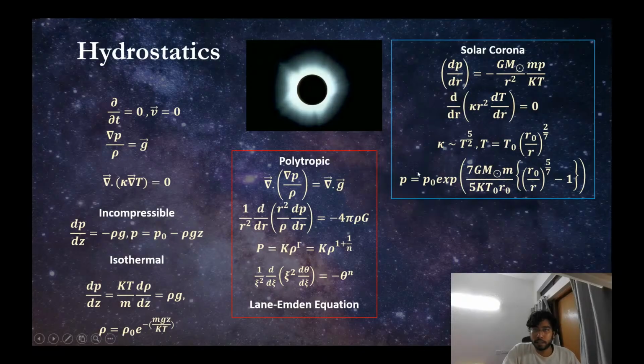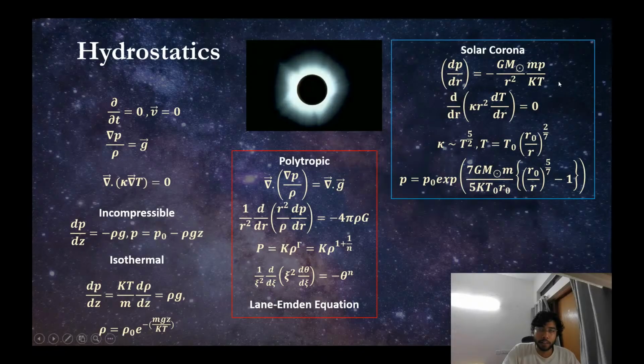But this expression has a problem. The problem is what happens if you go to r tends to infinity. For example, if you consider the origin to be the surface of the sun, where the pressure is P naught, and you go to infinity, there is no corona.